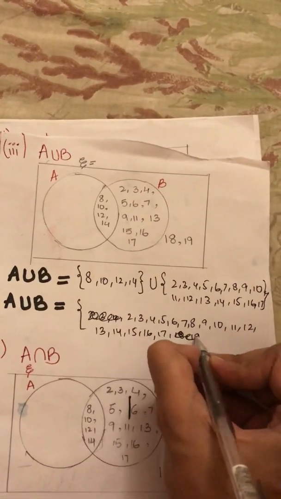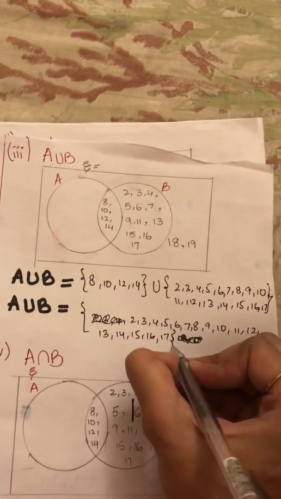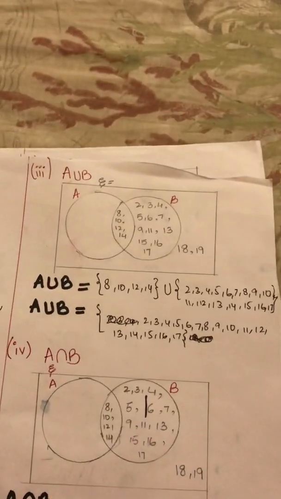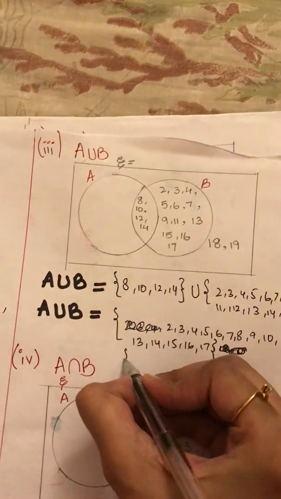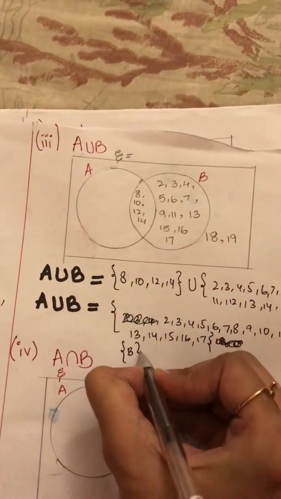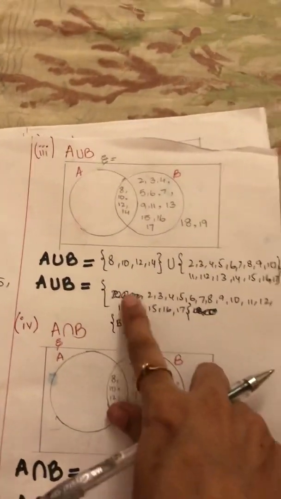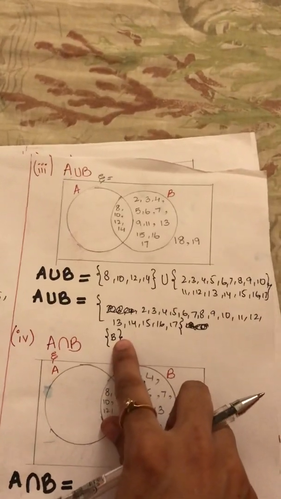Oh, sorry, 18 and 19 are not part. Okay? Right? 2 till 17, or you can just write B as well, because all these elements belong to B.